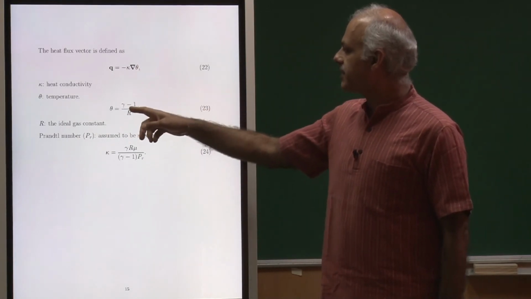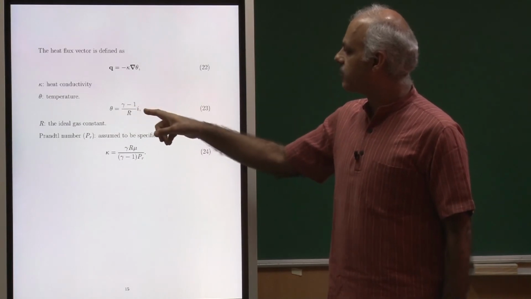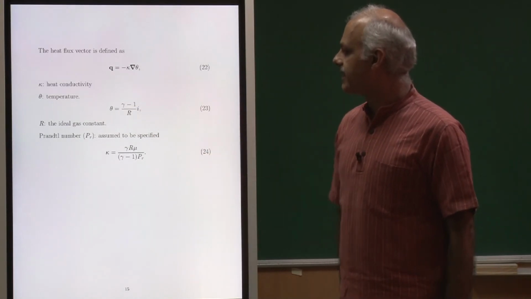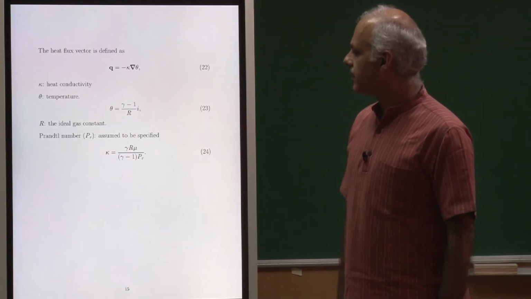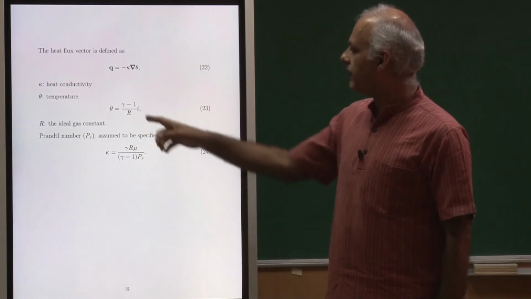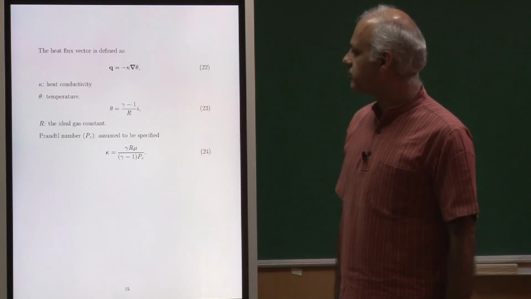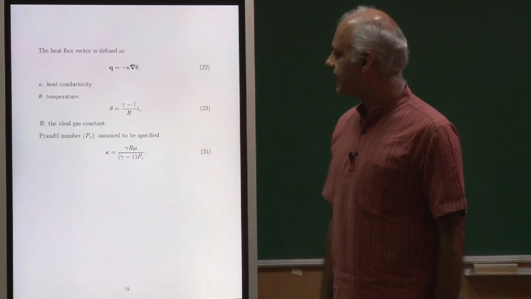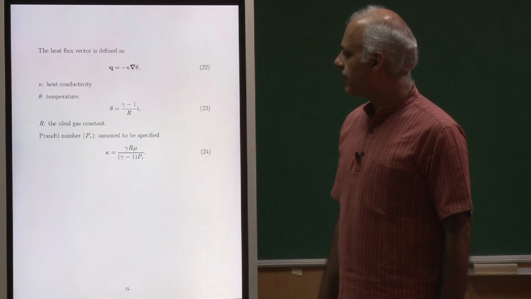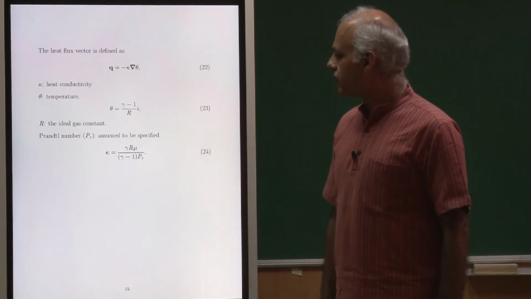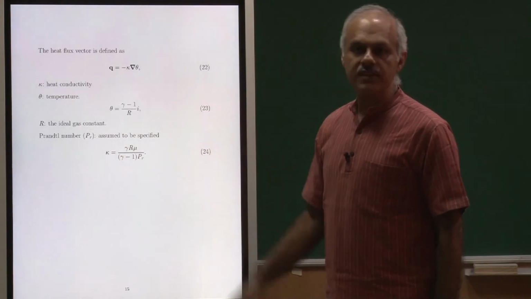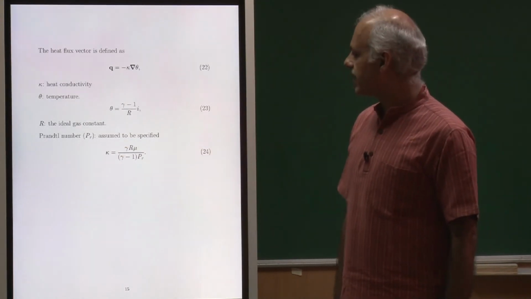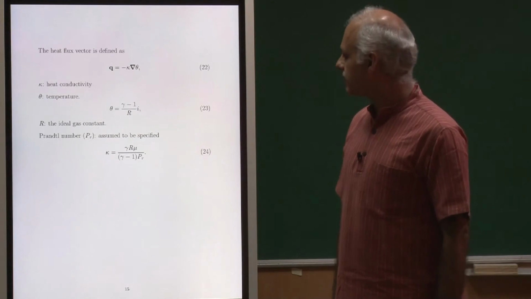Theta is the temperature, and theta is related to the internal energy with these constants here. Gamma is, as you know, the ratio of specific heats, and R is the ideal gas constant. The Prandtl number is going to relate the viscosity of the fluid to the heat conductivity. We will assume that is given to us.